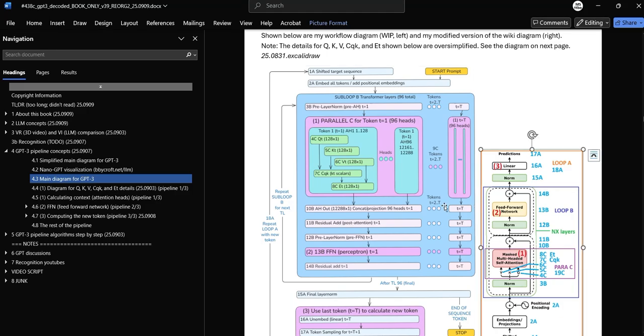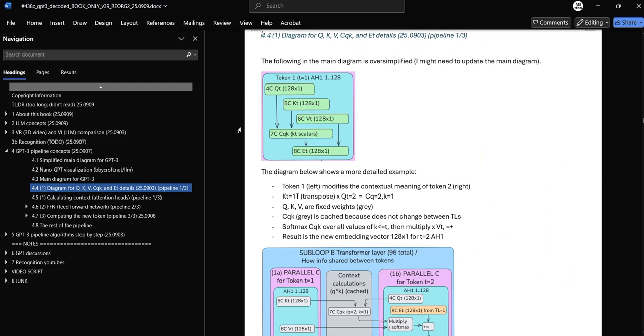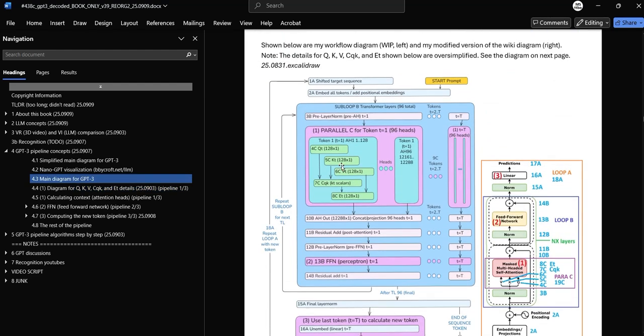And this is from Wikipedia, an edited version. You notice here you've got 1, 2, and 3. There are three primary things you're doing in this big main diagram that you need to understand.